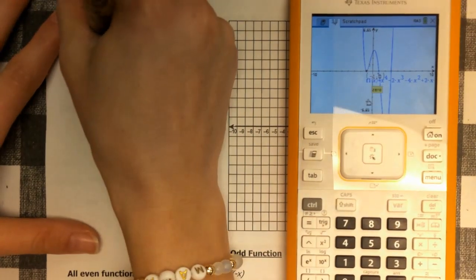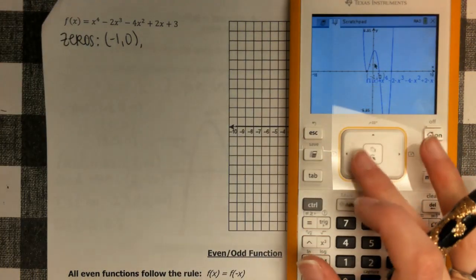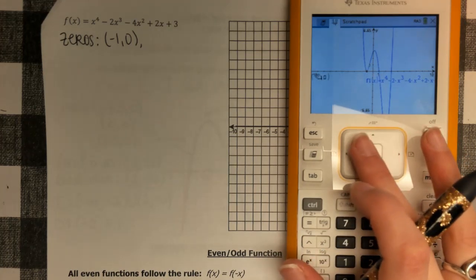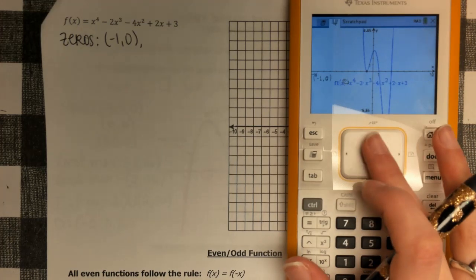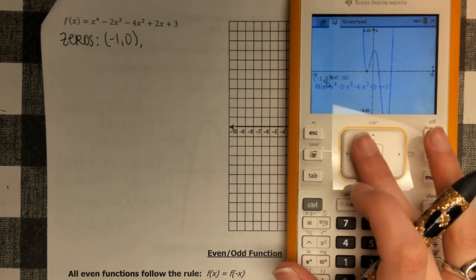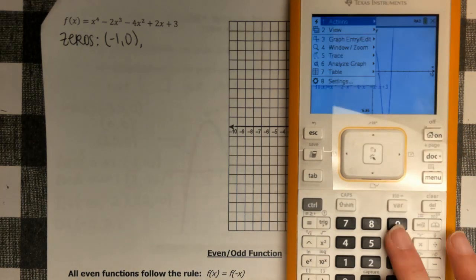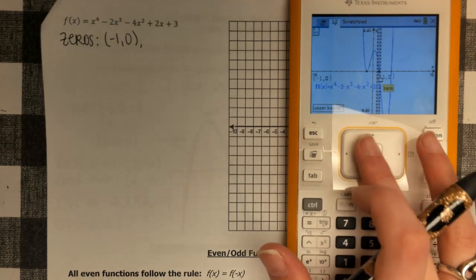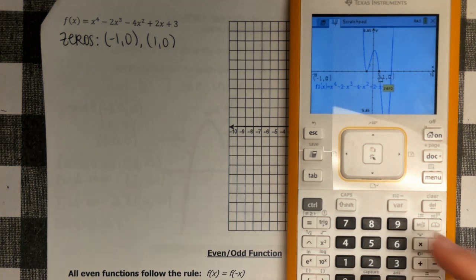My first one is at negative 1, 0. I'm going to move everything out of the way. My second one is at 1, 0.